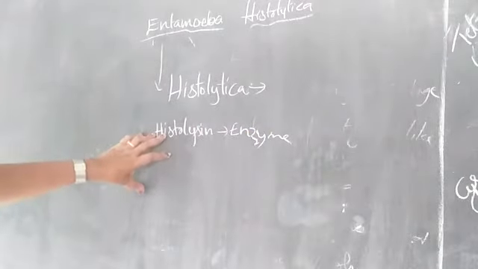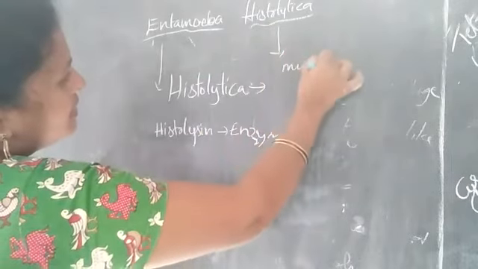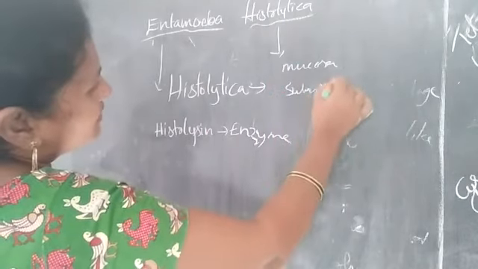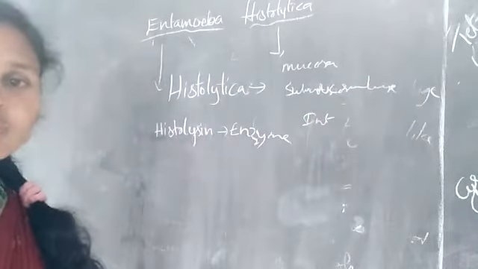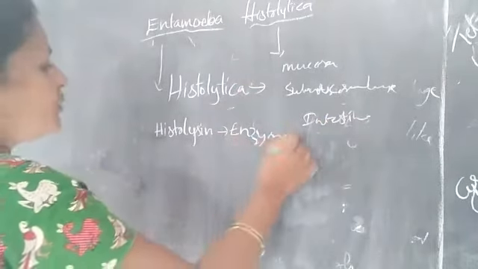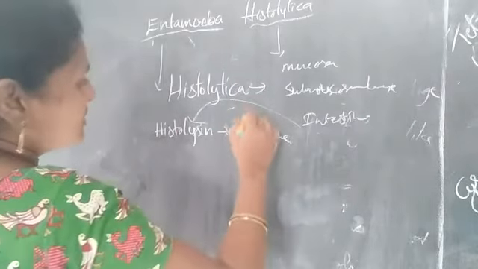It lives in the mucosa and submucosa layers of the intestine, where it produces the histolysin proteolytic enzyme and dissolves the outer surface layer.